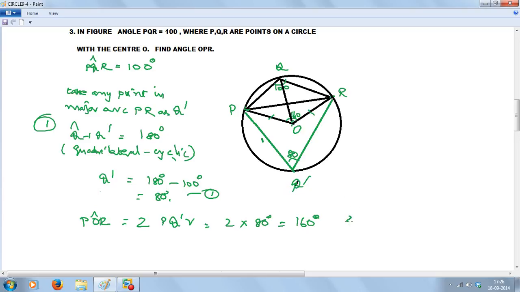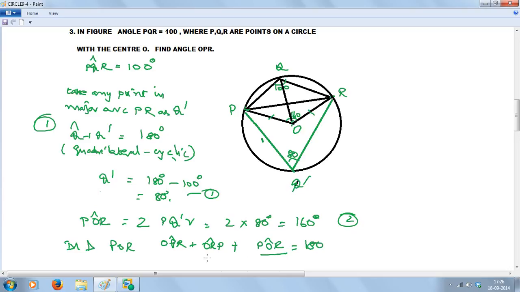So in triangle POR, angle OPR plus angle ORP plus angle POR is equal to 180.